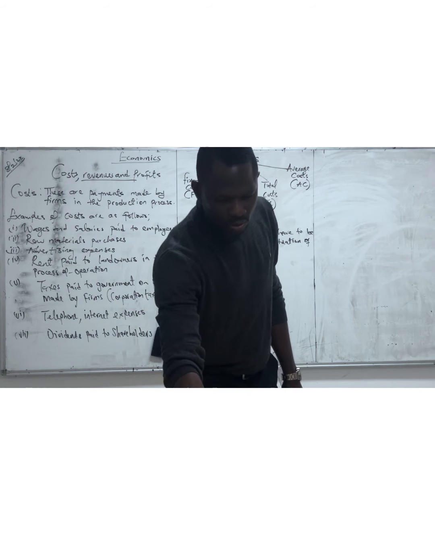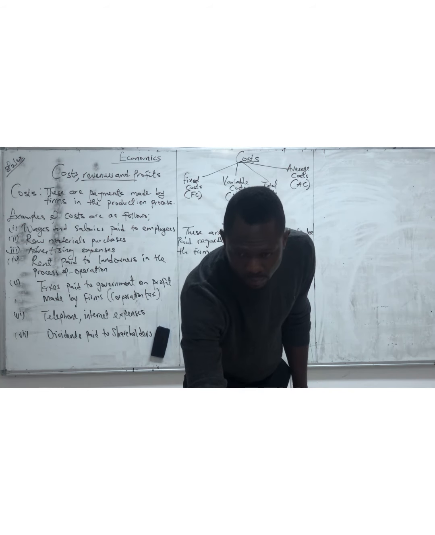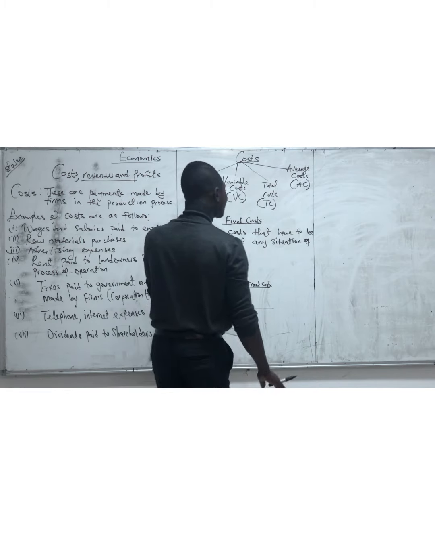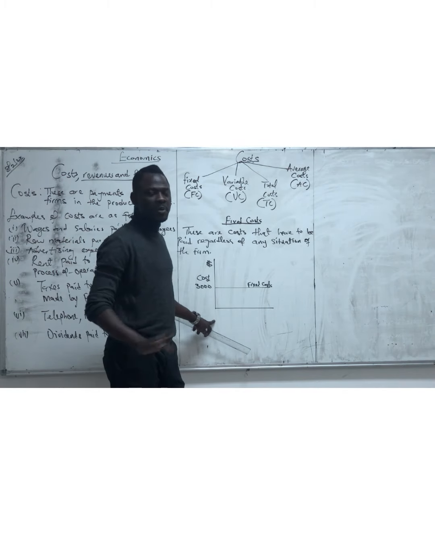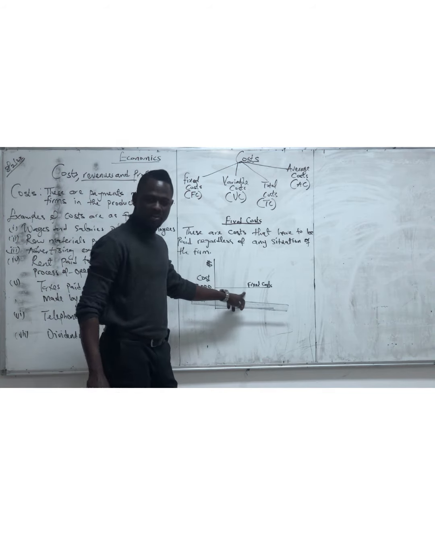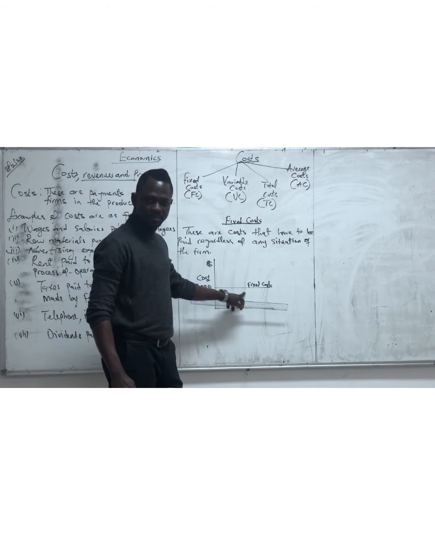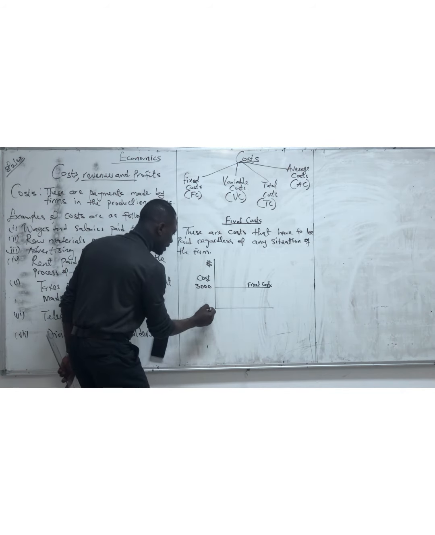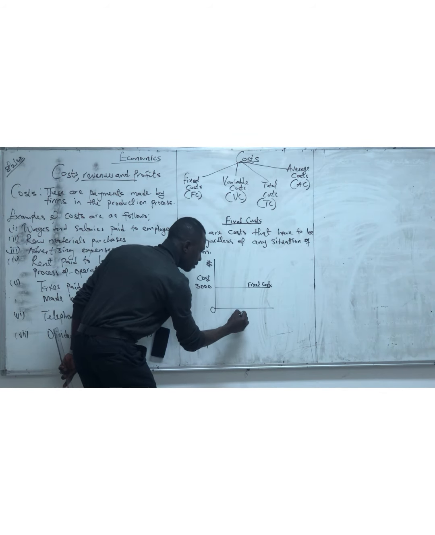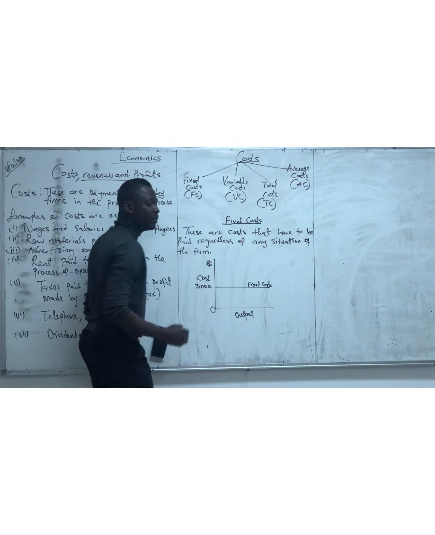Okay. So irrespective of what the output is or might be, this cost has to be paid. Is it clear? Alright, so let's say this is 0 and this is output level.